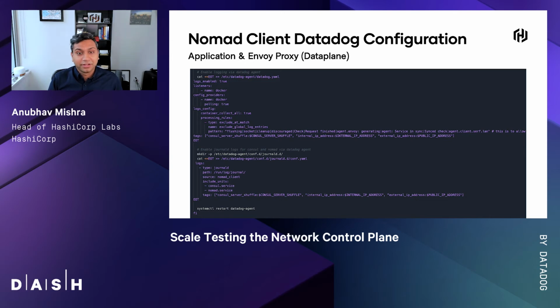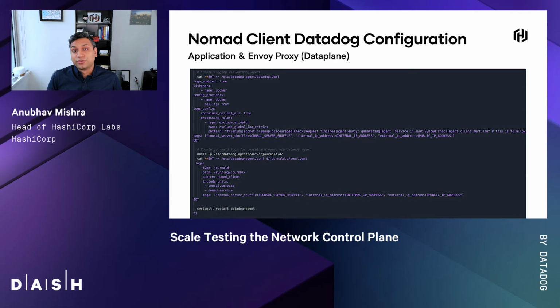Here's the configuration for the Nomad client and the Datadog configuration for the Nomad client here. So yeah, this one's a little bit more involved. It has a few different things. So we are enabling log shipping and so on, and also enabling the Docker listener in this case. But what's interesting is we're using processing rules to exclude some logs from going to Datadog.